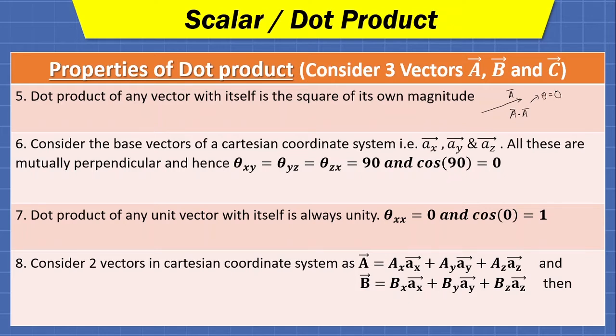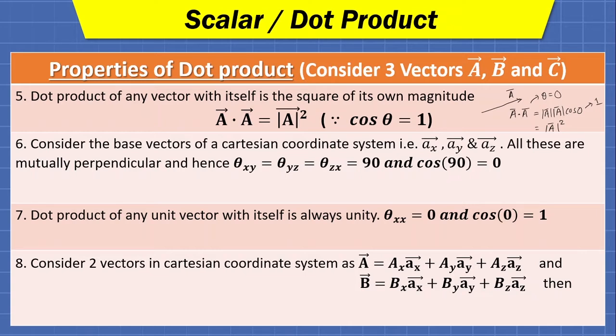So in this case theta will be 0. So it will be modulus of a bar times cos 0. And now cos 0 is nothing but 1. So this product will result in the square of its own magnitude. So a bar dot a bar will be modulus of a bar squared, because here cos theta will be 1.